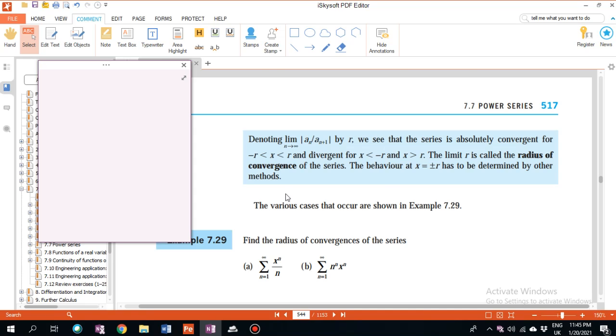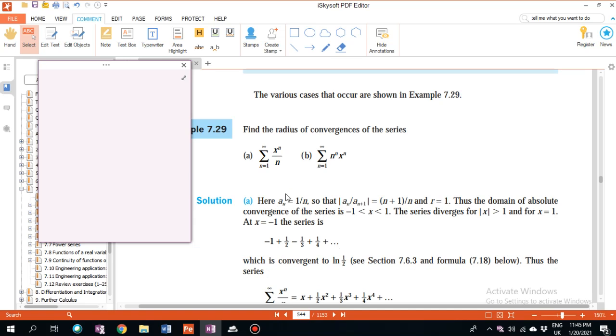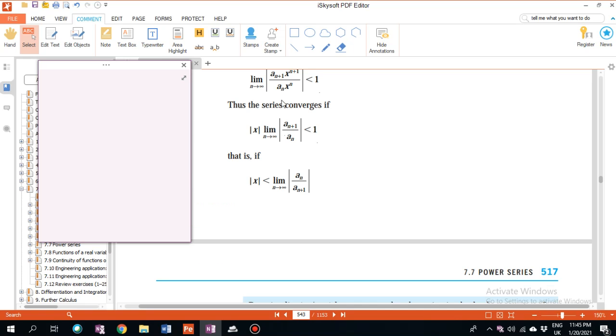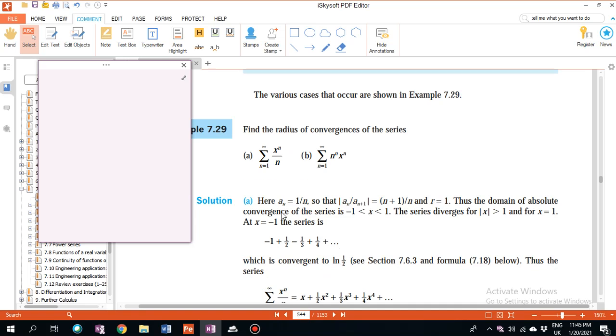Okay, so for example, here we have the sum from n until infinity of x to the power of n divided by n. So here a(n) is 1 over n, so a(n) divided by a(n+1) is (n+1) divided by n.